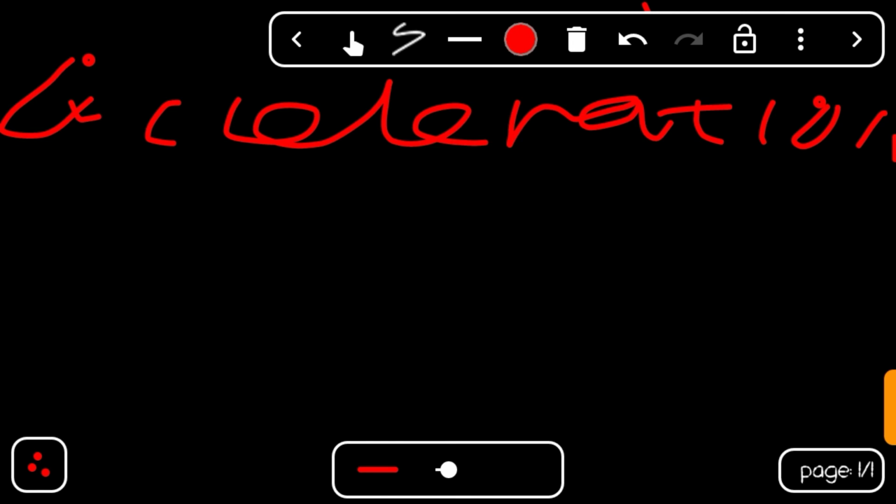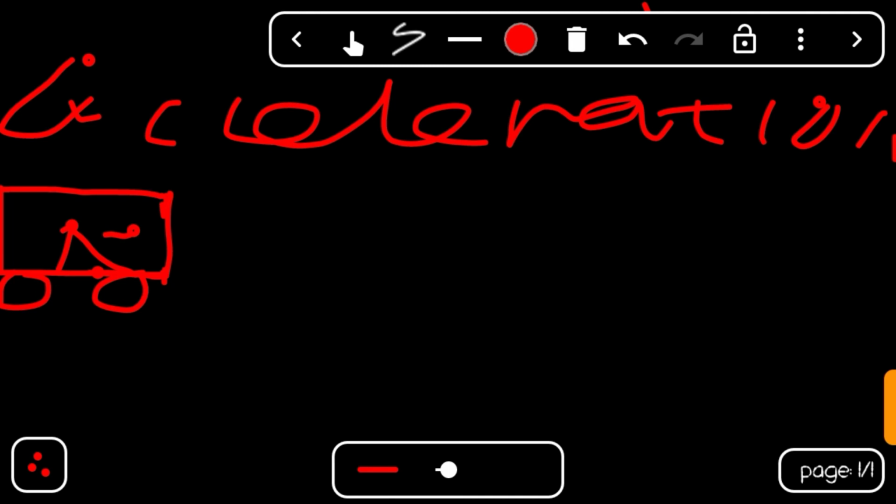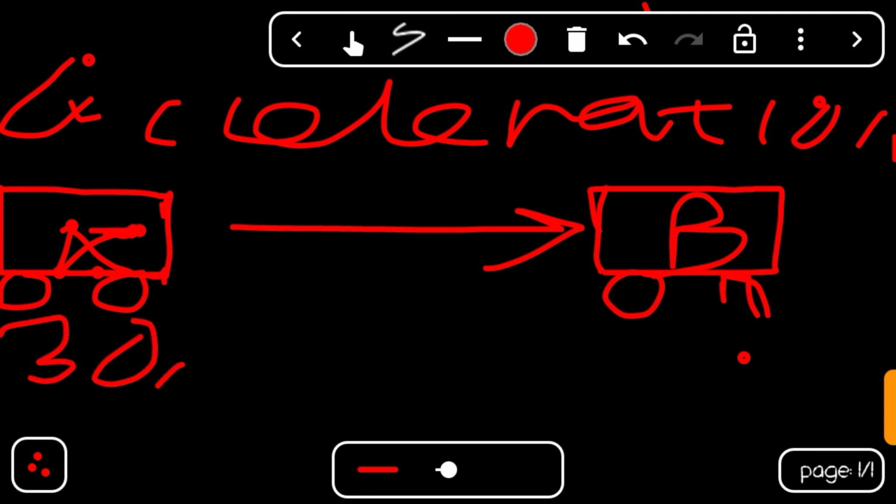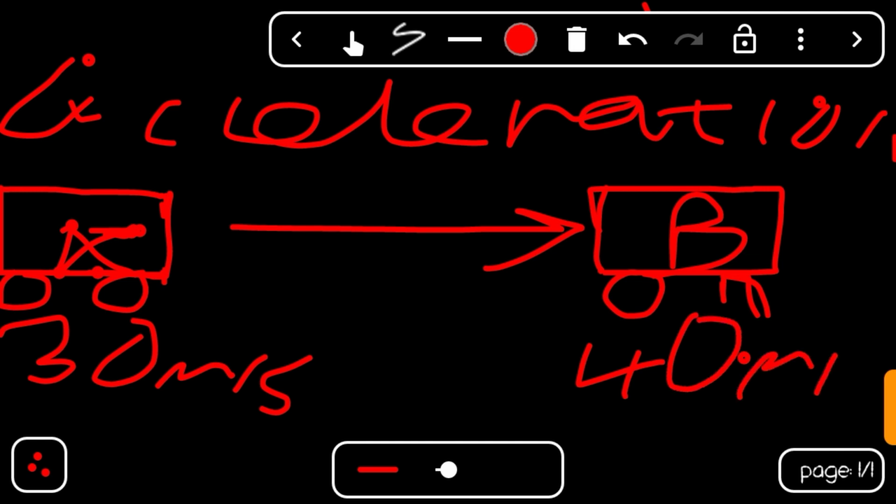Let's assume a car moves from point A to point B. It started its journey from point A with a speed or velocity of 30 meters per second, and ended up at point B with 40 meters per second.